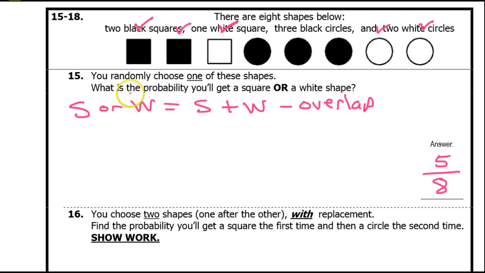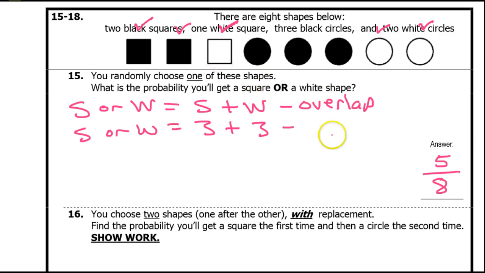Okay, so let's see, how many squares are there? So square or white is going to equal the number of squares, which is 3, plus the number of white shapes, which is also 3, minus the overlap. The overlap would be a square that is white, or a white square.